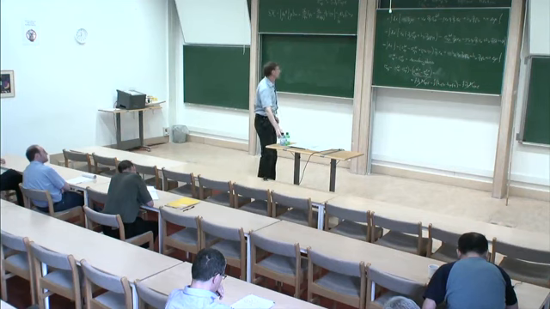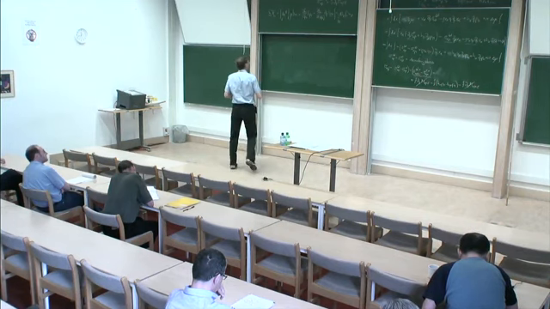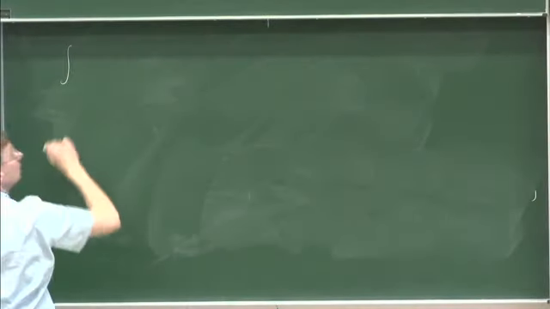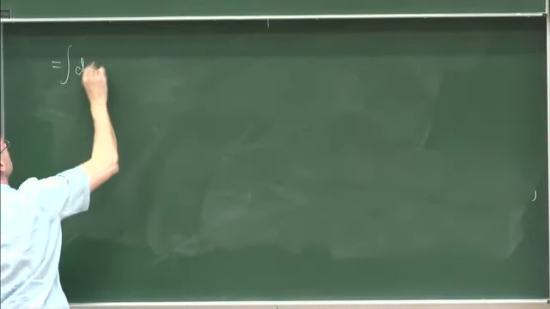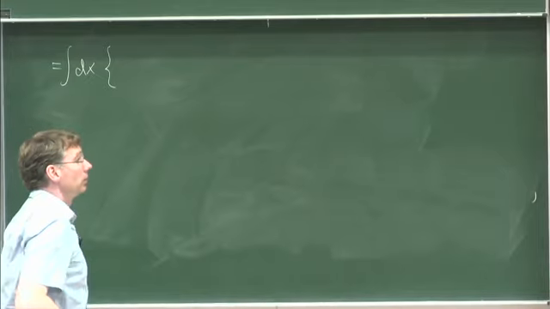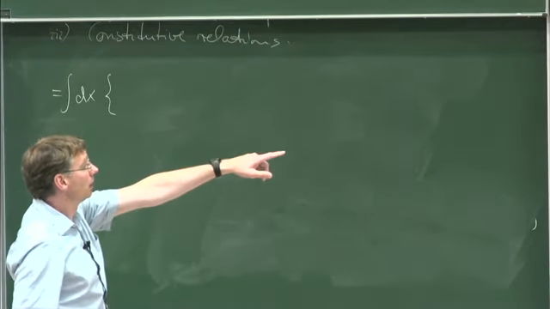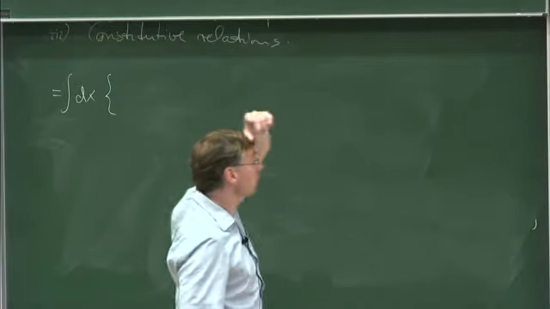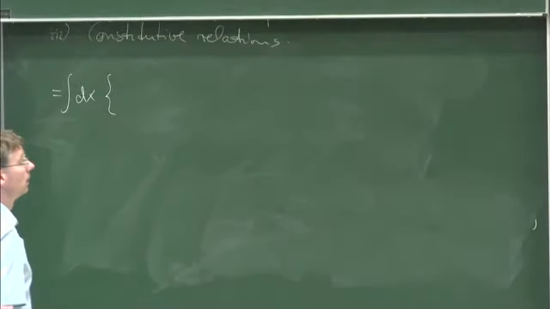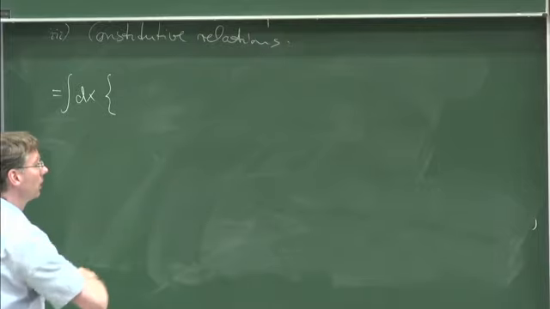Okay, so let's see what we have. So we have still our integrals. And now we have to replace minus sigma total minus sigma Ericksen by what we have written down there.